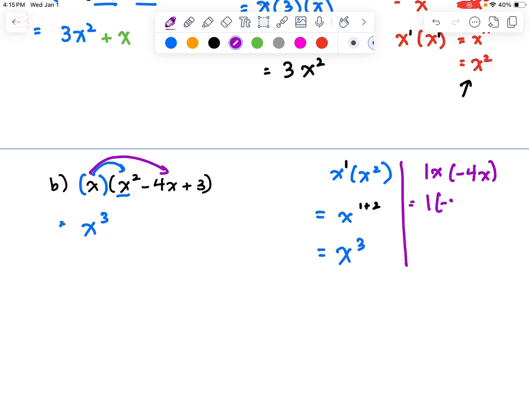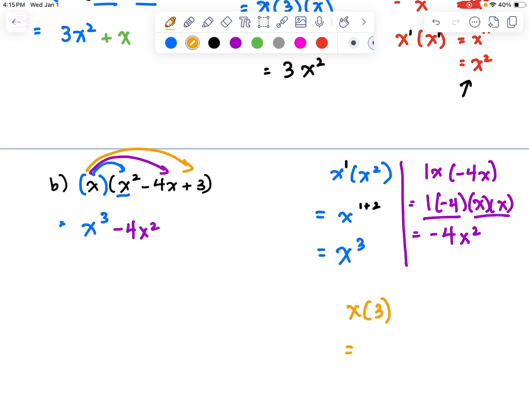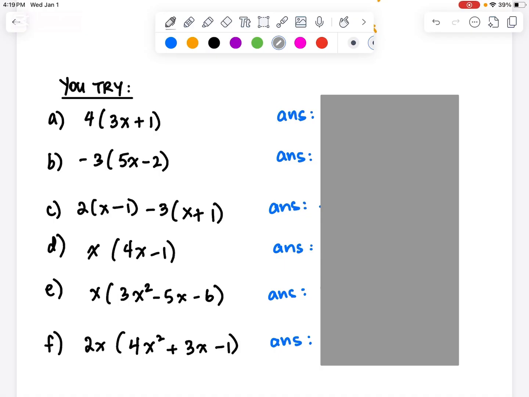In this case, I'm going to do the numbers together, and then I'm just going to stick the x's together side by side. This gives me negative 4. x times x is x squared, so I get negative 4x squared. And finally, x times 3, we just write it as 3x. We write the coefficient in front. That's our answer for that one.